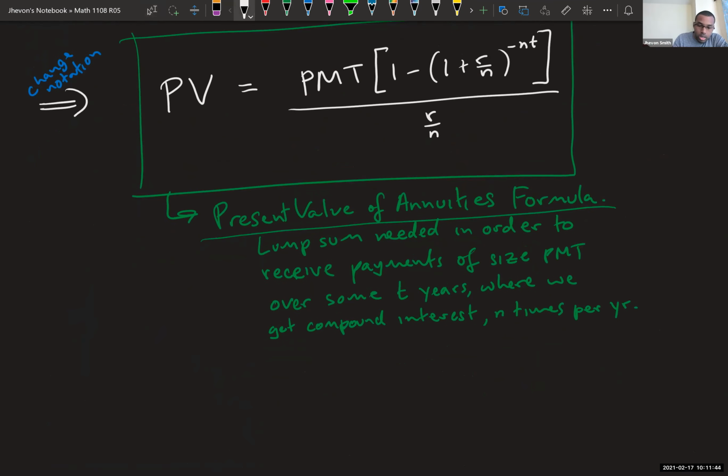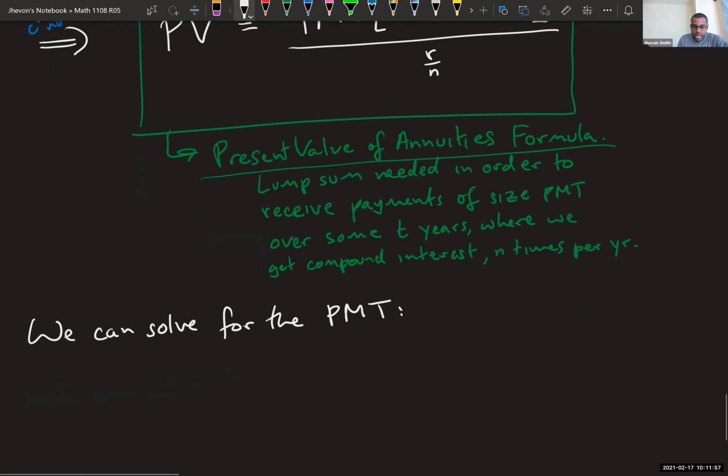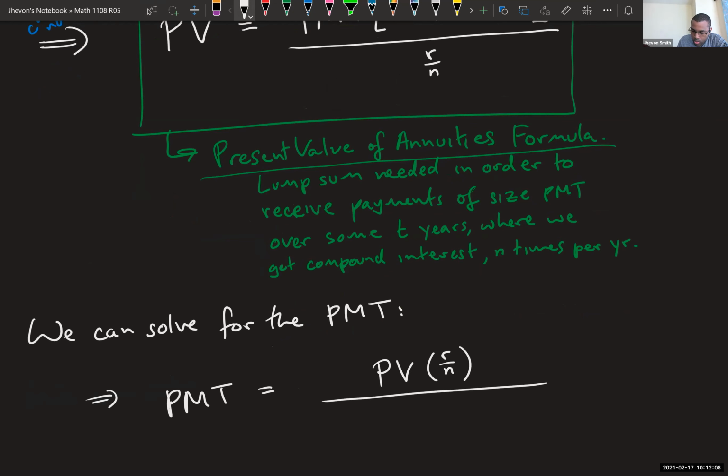And again, I could solve for this as something else. We can solve for the PMT. And then in that case, we would get the payment is equal to, well, the present value times r over n divided by 1 minus 1 plus r over n to the minus nt.